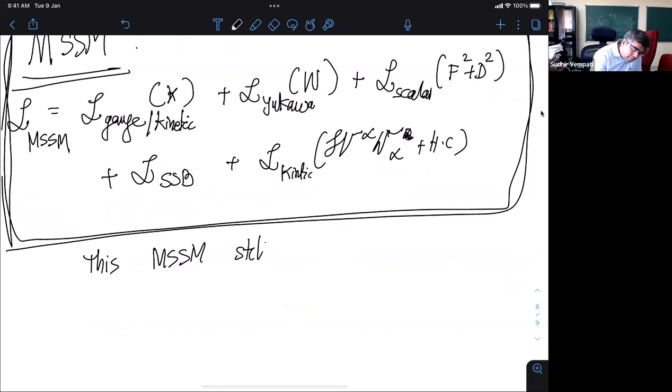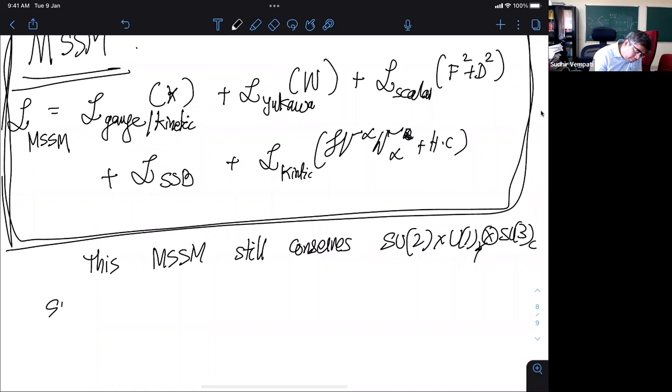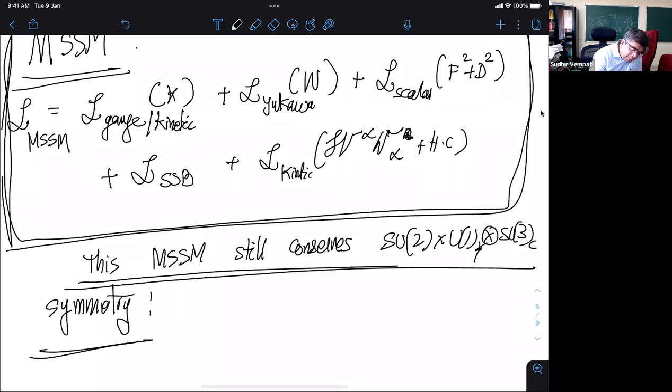It still conserves SU2 cross U1 Y times SU3 color. So you need to break this symmetry. Okay, you need to incorporate the SU2 cross U1 breaking into this particular thing.